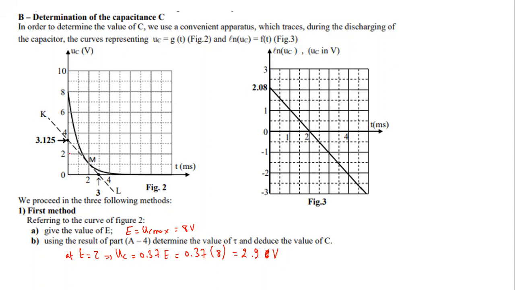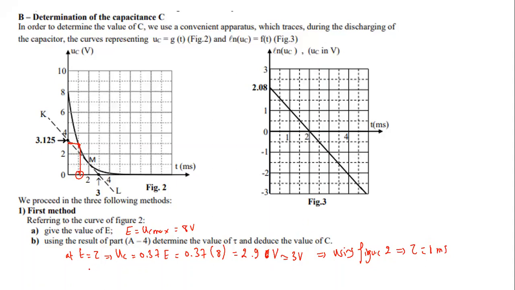So we put it on the graph, 2.96, approximately 3 volts. By putting it on the figure, this is 3 volts, we get that tau is equal to 1 millisecond. Using the figure, tau equals 1 millisecond.